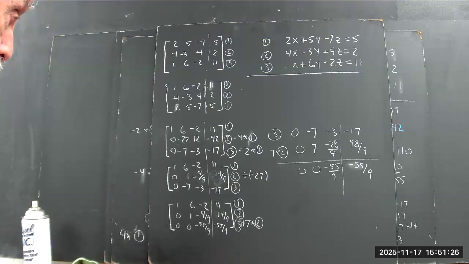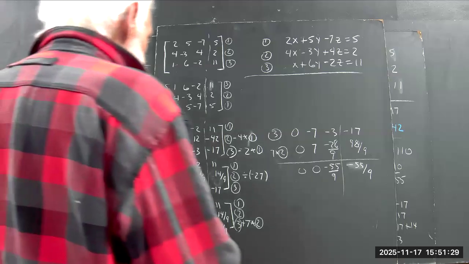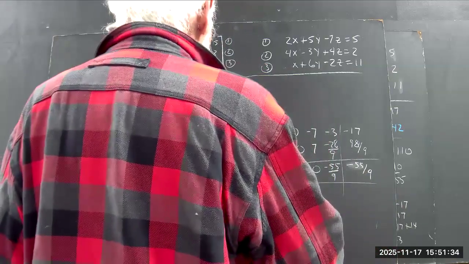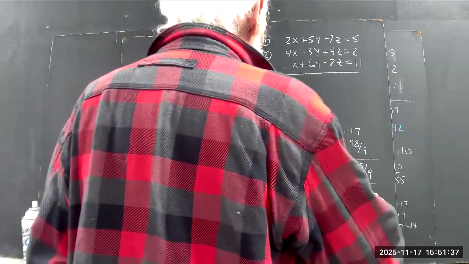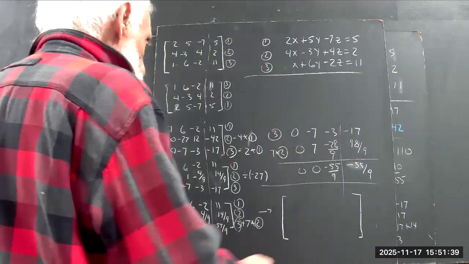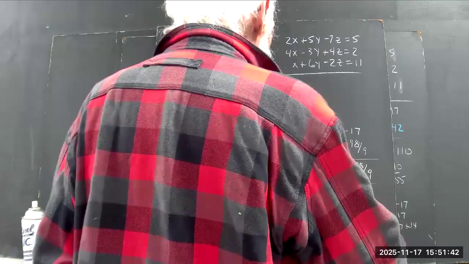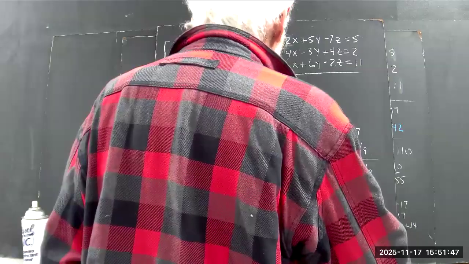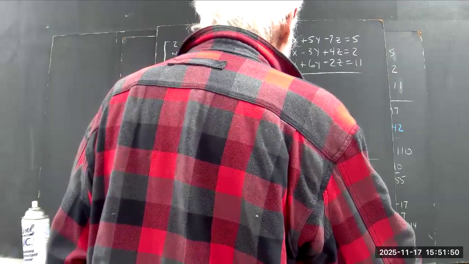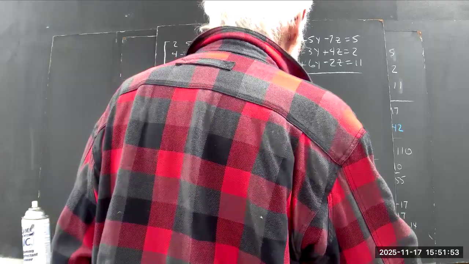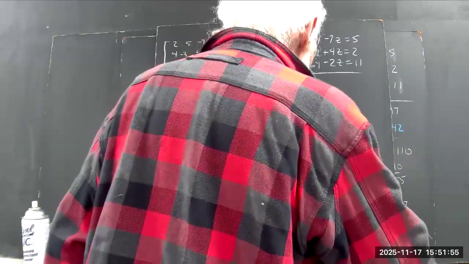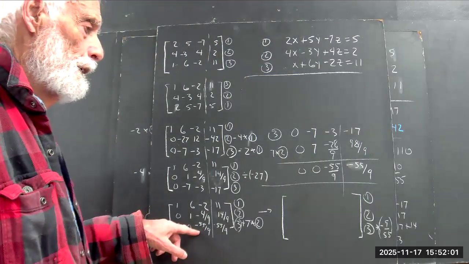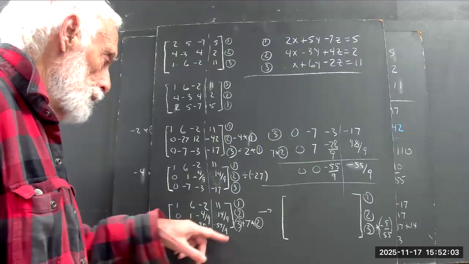Finally, I'm going to write it down here so I can write it down a little bigger. I multiply row 3 by negative 9 over 55, which would give us a 1 here and a 1 here.